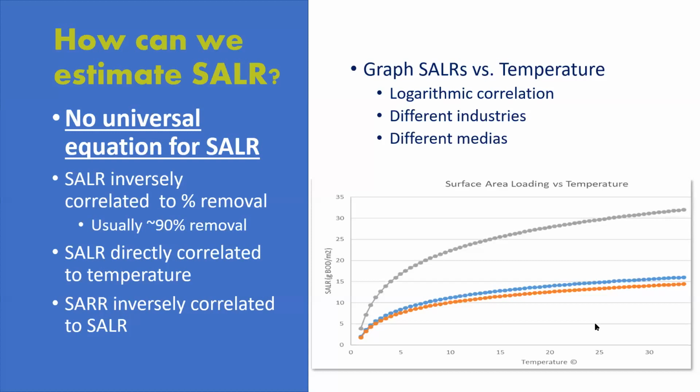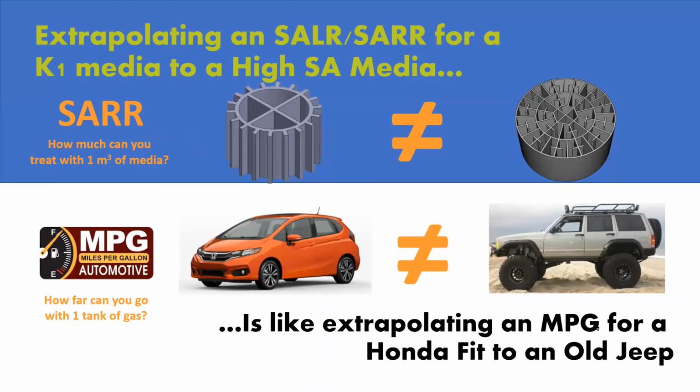One analogy that I really love that I heard recently was that if you find a study online that gives you an equation for SALR compared to temperature, and maybe the study was based off of a K1 media, extrapolating that from a K1 media to then determine what you can treat with a high surface area media, that's like extrapolating the miles per gallon for a Honda Fit to an old Jeep, right?